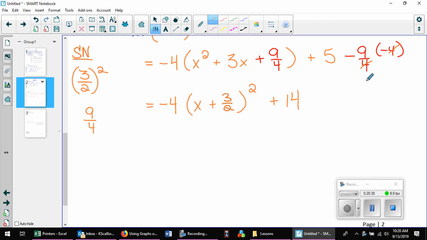You could have done +5 minus 9 times -4 over +4, so it'd be +5 minus a -36 over 4. 36 divided by 4 is a -9. Subtract a -9, they're going to be added together. That's where you get the 14.